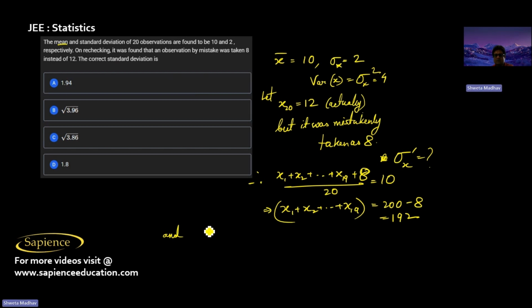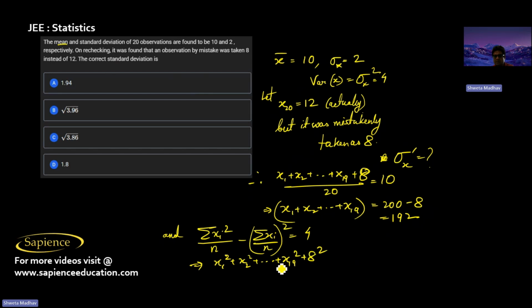And sigma x square, that is 4. So variance, as we know, is summation xi square by n minus summation xi by n whole square. So that is given as 4. Now it means x1 square plus x2 square plus dot dot plus x19 square plus 8 square divided by 20 minus the mean, which is 10 square, that is equal to 4.